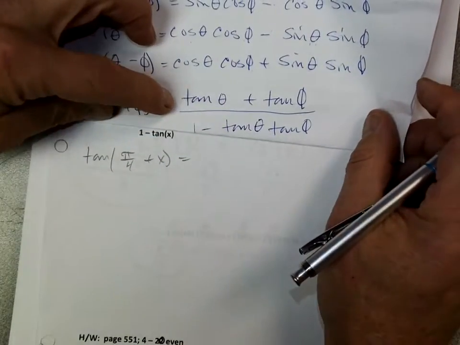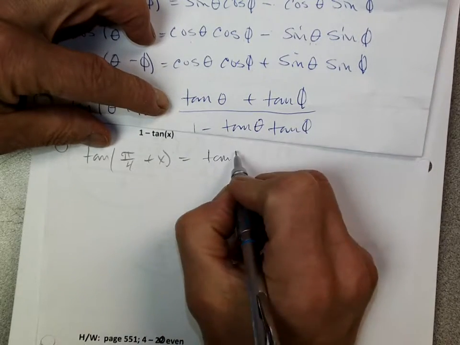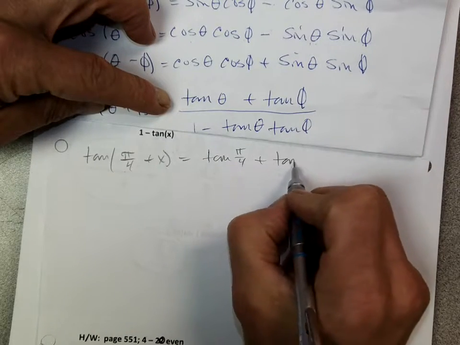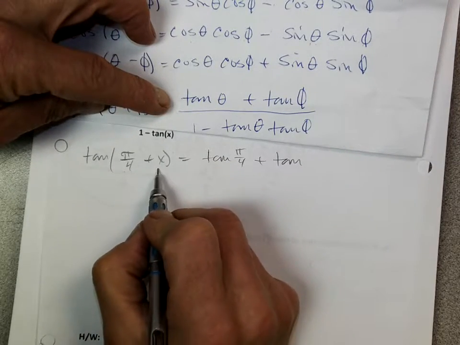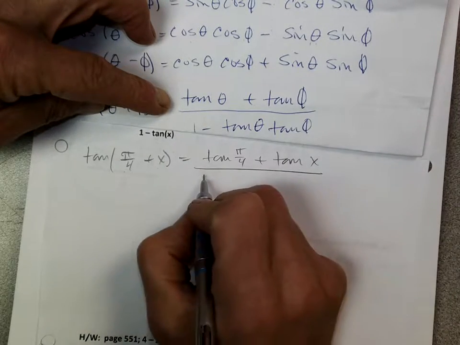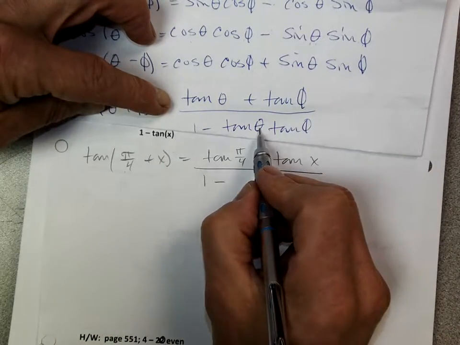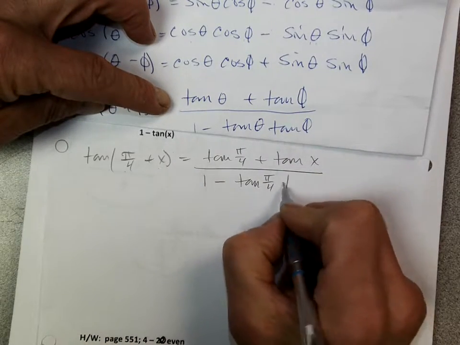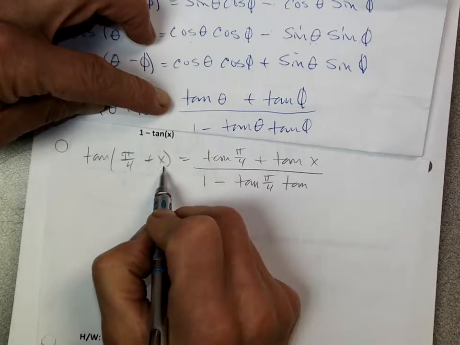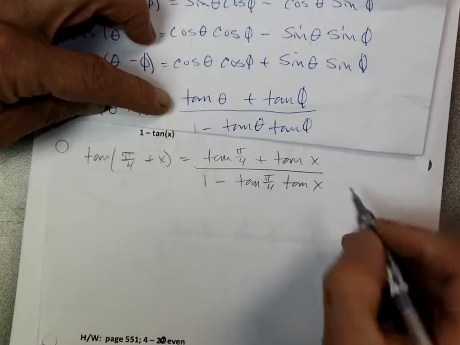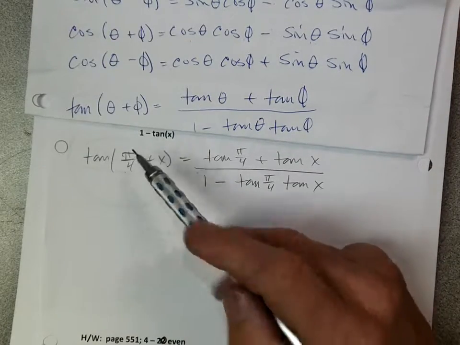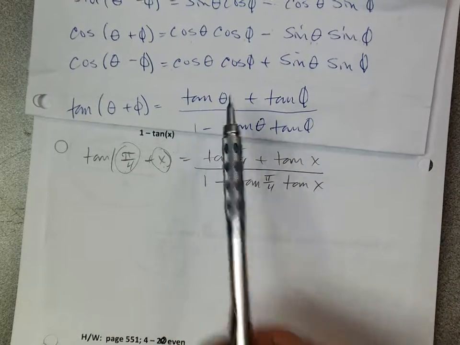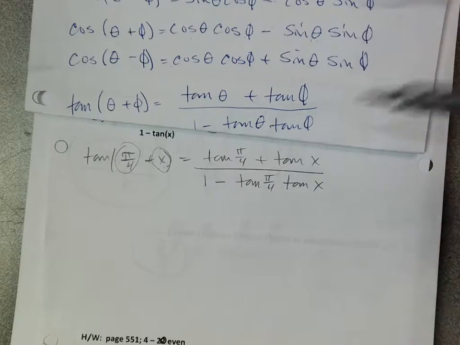So I'm going to go equals tangent of theta, or tangent of pi fourths, because that's my first angle, plus tangent of phi, which is x, because that's my second angle, divided by 1 minus tangent of theta, which is my first angle, tangent of pi fourths, times tangent of phi, which is my second angle, x. So I just plug them in: theta is pi fourths, phi is x.